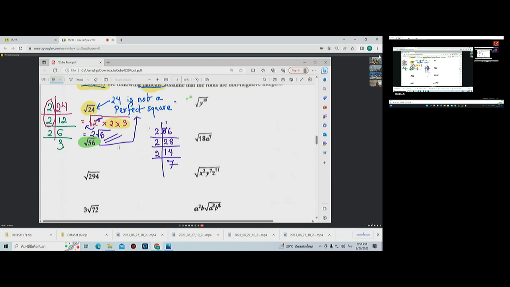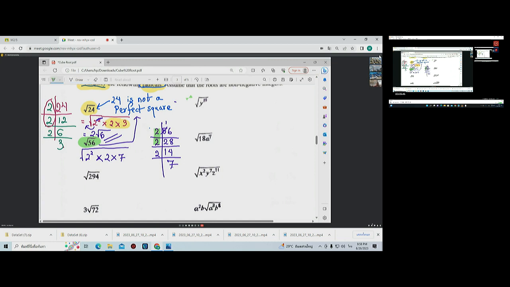Can you write 2 times 2? Yes? 2 times 2 as a 2 square. That means 2 square times. But look at here. 2 and 7. No square, right? So we write 2 times 7. And we have a square root. Understand? Yes?